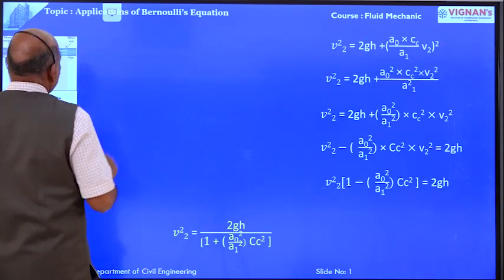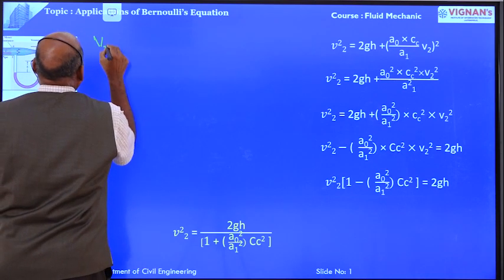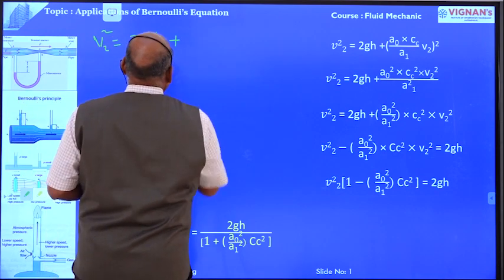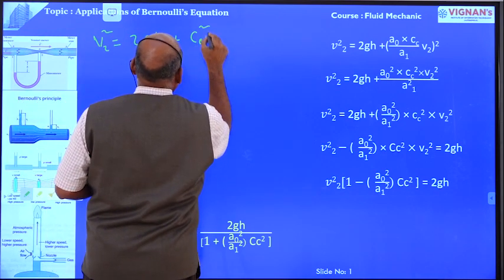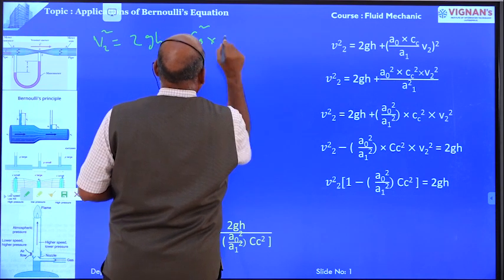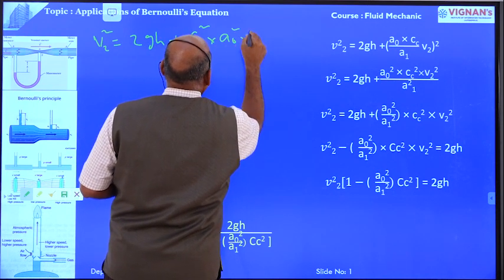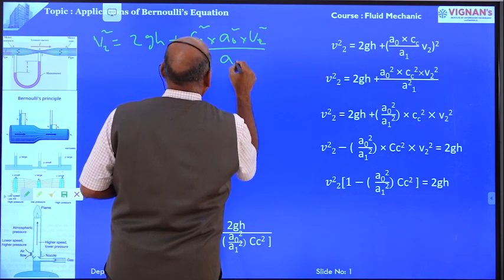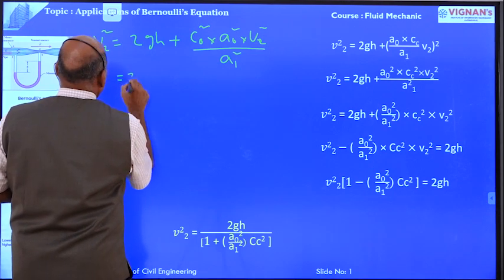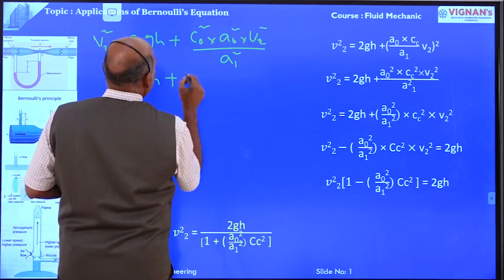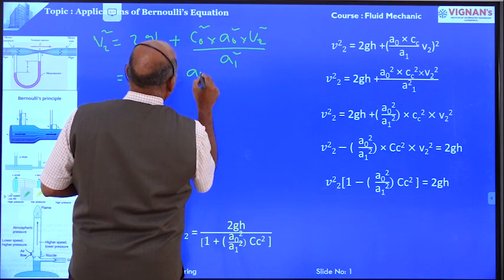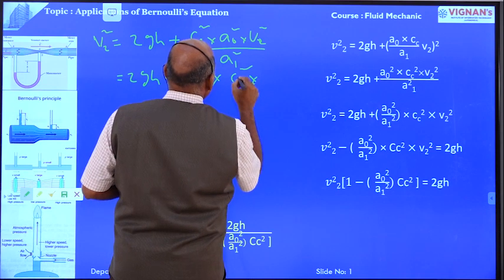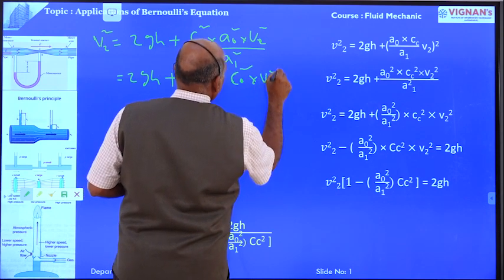What is the equation we have? V2 square is equal to 2gh plus Cc square into A0 square into V2 square divided by A1 square, and this is equal to 2gh plus A0 square by A1 square into Cc square into V2 square.